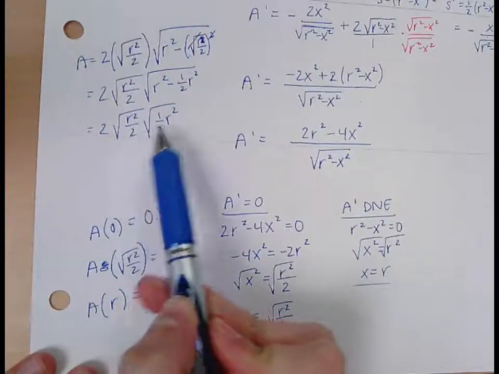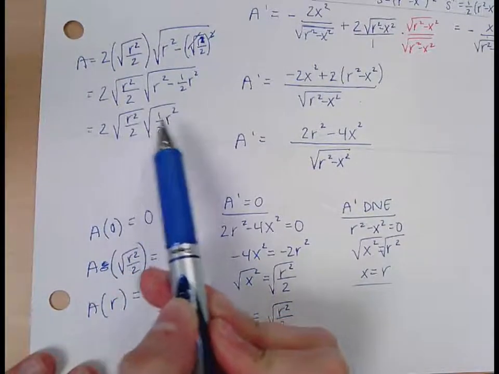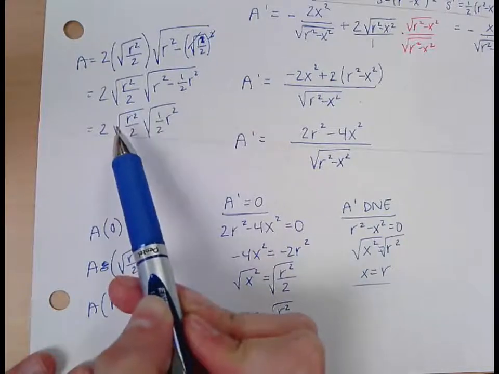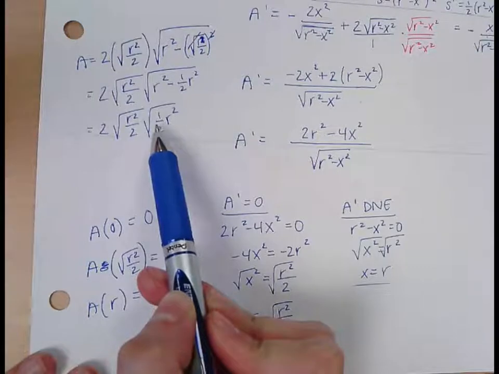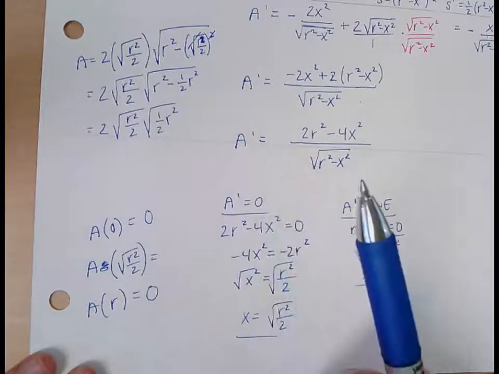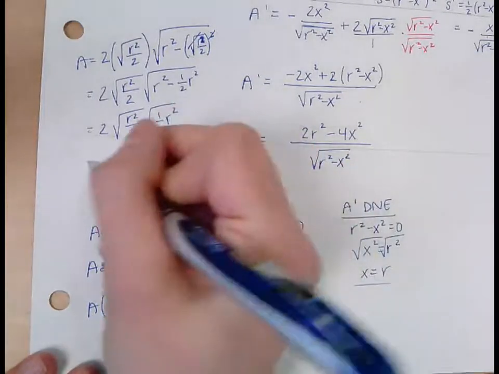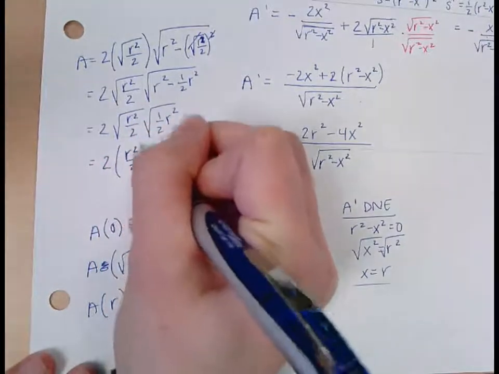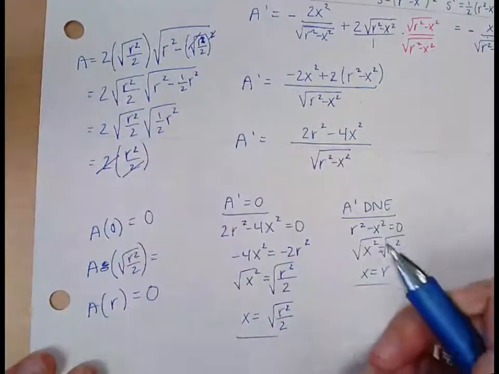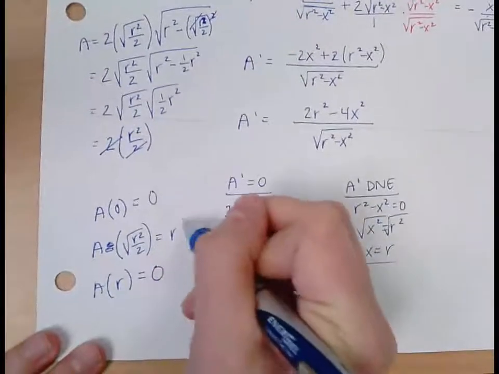R squared over 2 and 1/2 r squared are the same thing. So these square roots are the same thing, and if you multiply them together, it's just r squared over 2. They cancel each other out. So this is just 2 times r squared over 2. 2's now do cancel, and the area is just r squared.